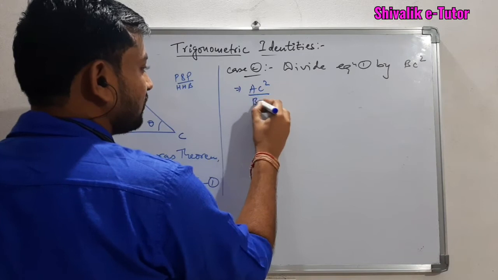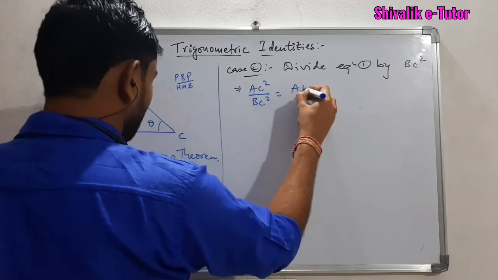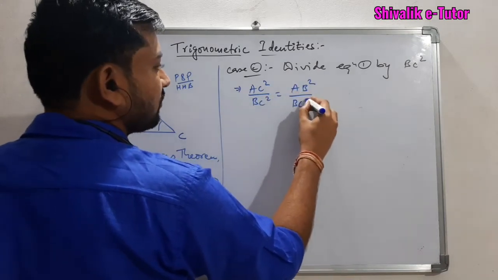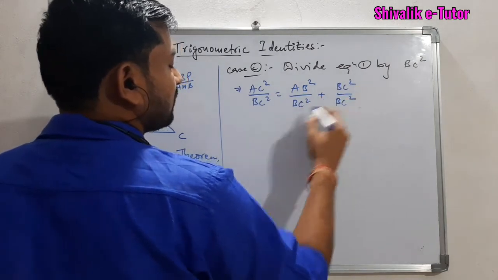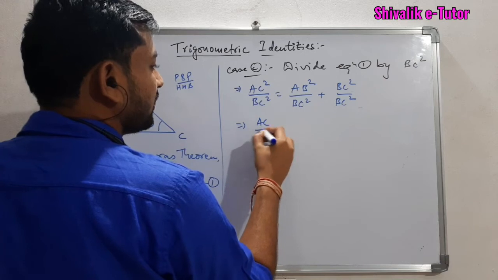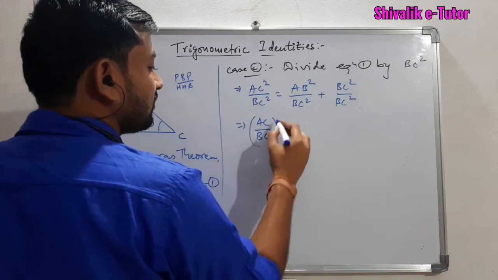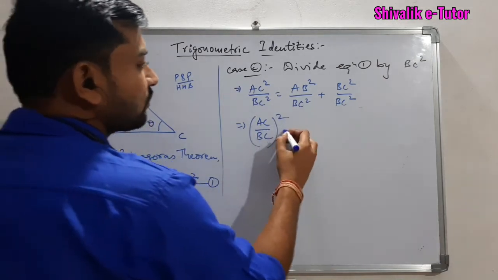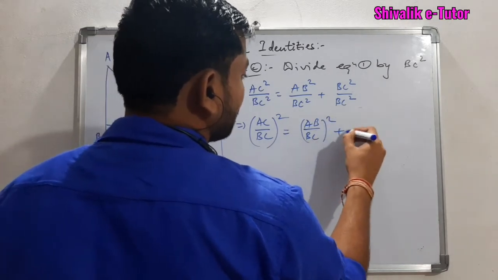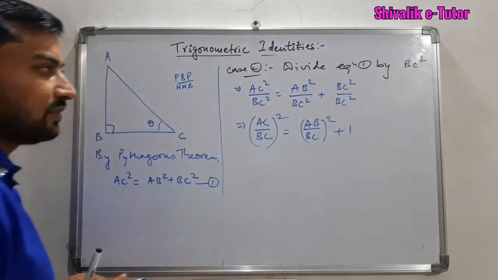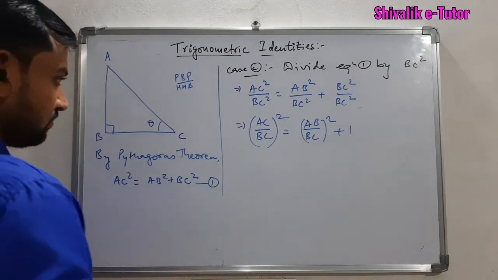AC square upon BC square is equal to AB square upon BC square plus BC square upon BC square. If we combine the squares, we have AC upon BC whole square equal to AB upon BC whole square plus 1, because BC square and BC square are the same.